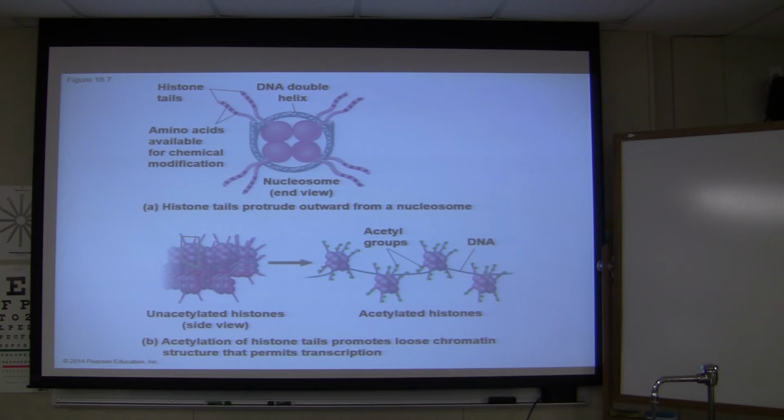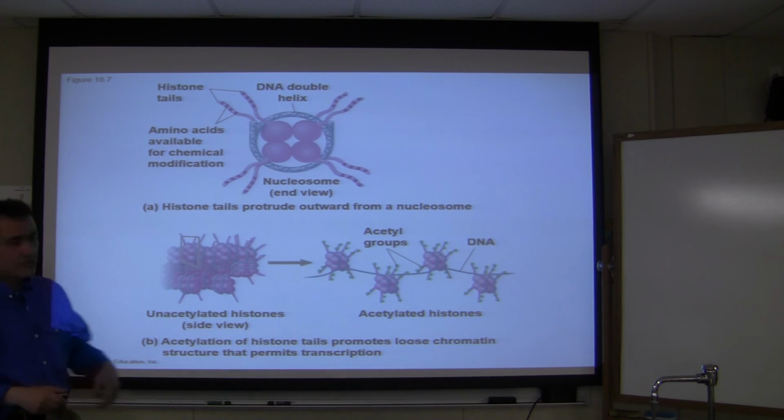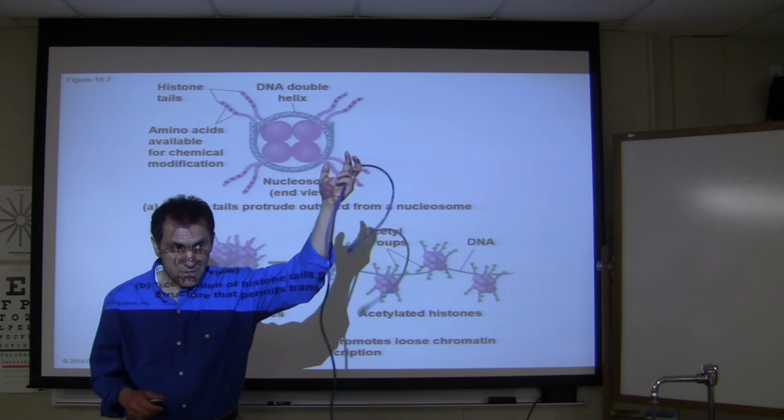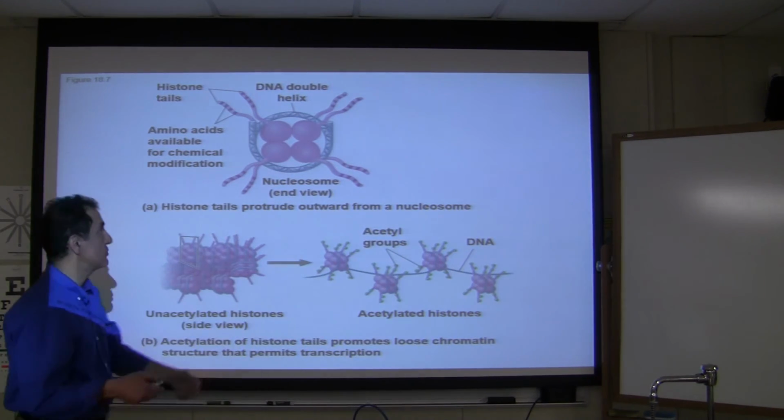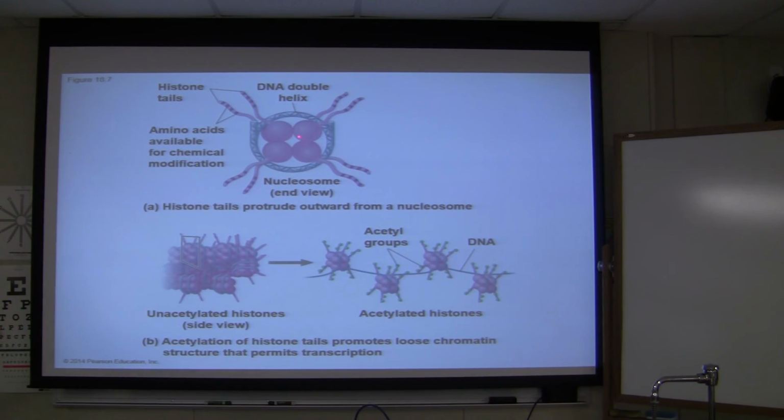Here they are, a few examples. Here is your histone. These are the histone tails right here. DNA, a double helix, wraps around, as I showed you, the core. I talked about this in the past, but let me refresh your memory. These are protein molecules, and at the end, these are amino acids, amino acids, amino acids.